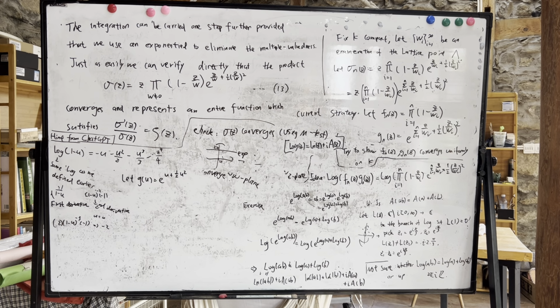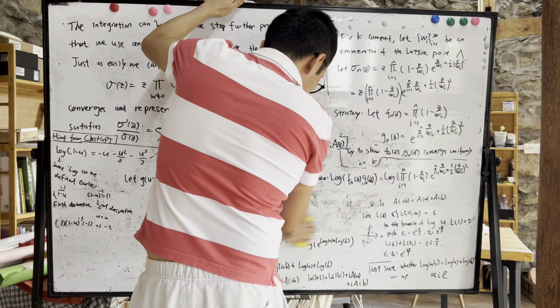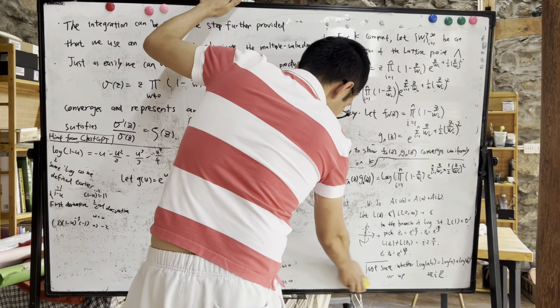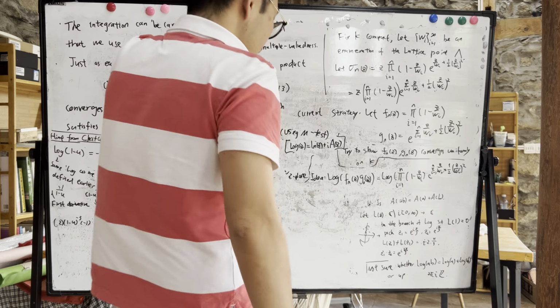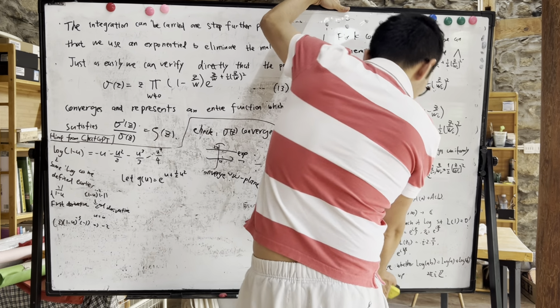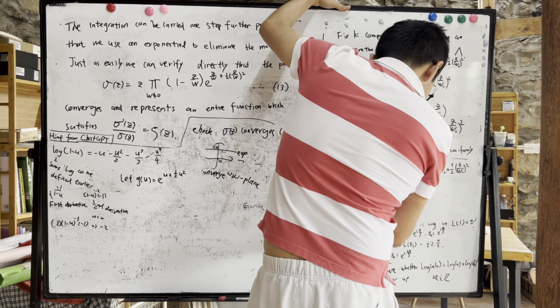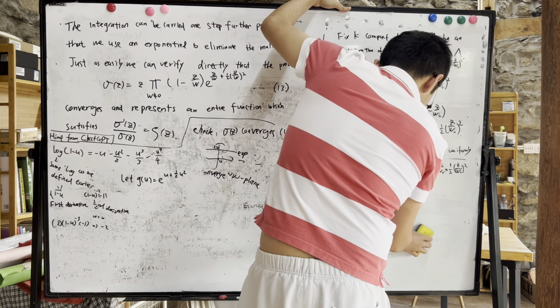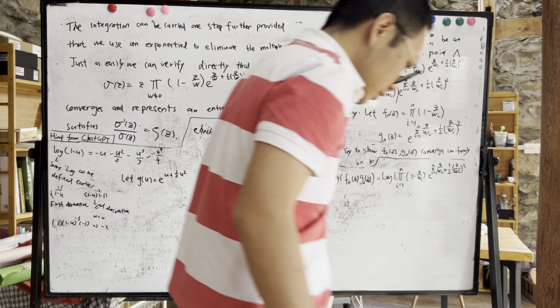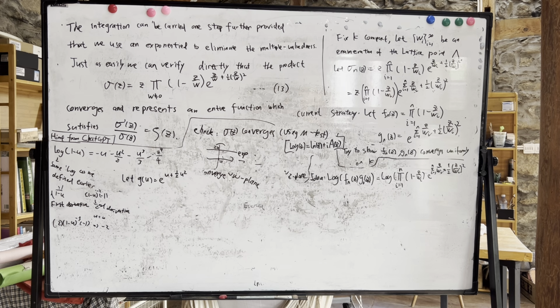But we do have the property that we get the equality up to a sum of 2 pi i z, right?